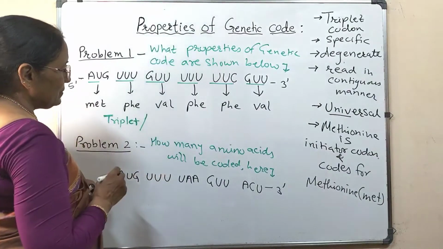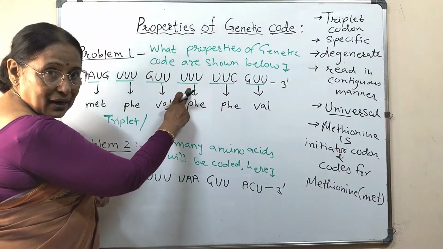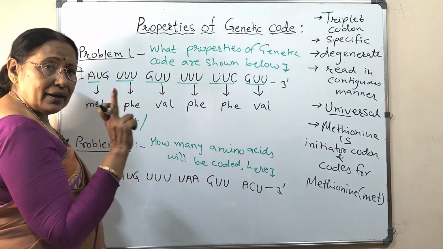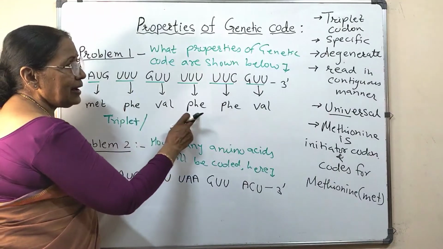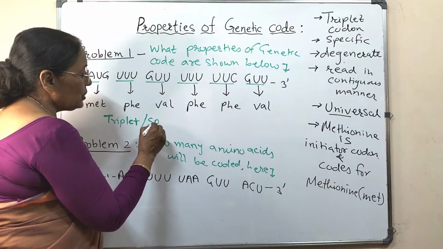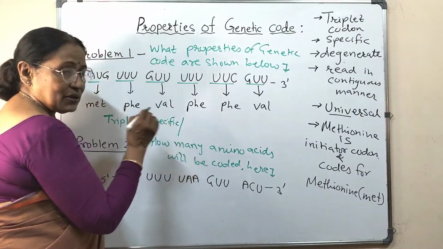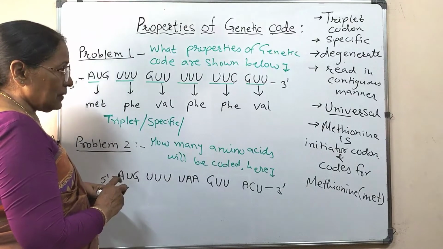Come to the next. See, here UUU, wherever UUU comes, it only and only codes for phenylalanine. That means it is very specific. So the next property is that the codon is very specific.